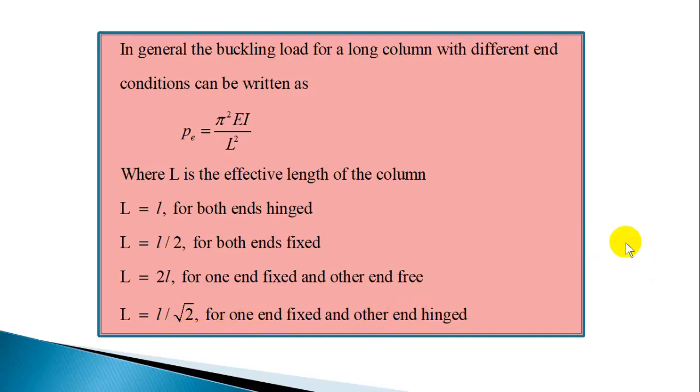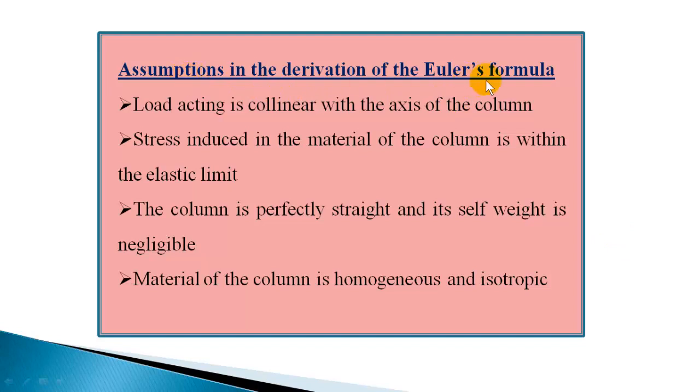There are certain assumptions we have made in the derivation of Euler's formula. We assume that the load acting is collinear with the axis of the column. The stress induced in the material of the column is assumed to be within the elastic limit.